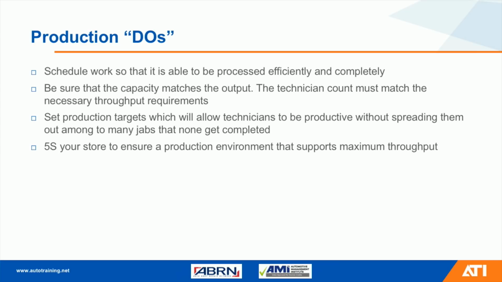So I'm going to set production targets which allow technicians to be productive without spreading them out among too many jobs that need to be completed. And what's the problem with that? I have a very good proficiency. They're working on lots of stuff, but I reduce my efficiency, which means I'm not getting those cars closed.